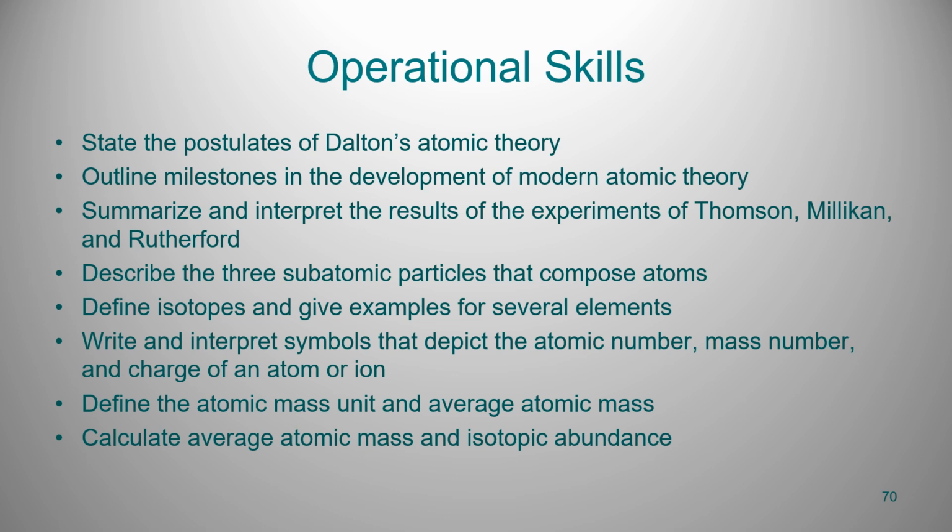The mass number, remember, is for an individual element and individual isotope that has a certain number of protons and a particular number of neutrons. And then the average atomic mass is the weighted average of all the different isotopes with respect to their abundance. So you should know how to calculate an average atomic mass given its isotopic abundance, or be able to tell at least which isotope is more abundant if you're given the average.